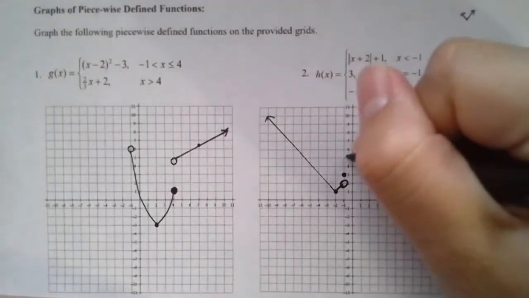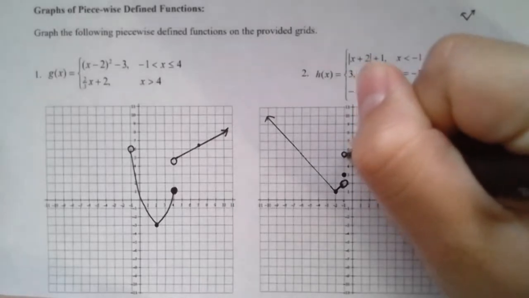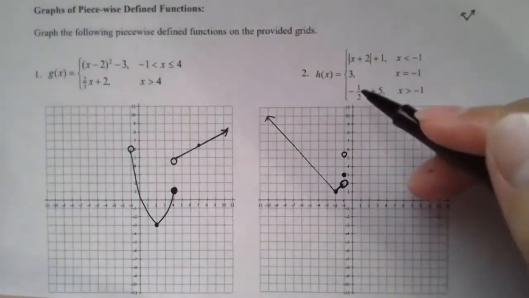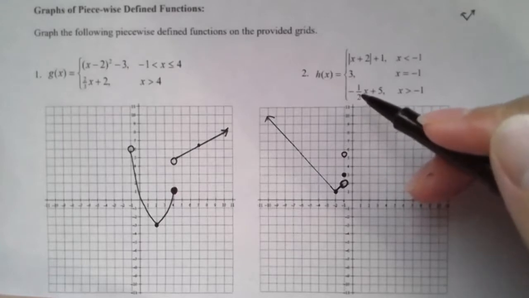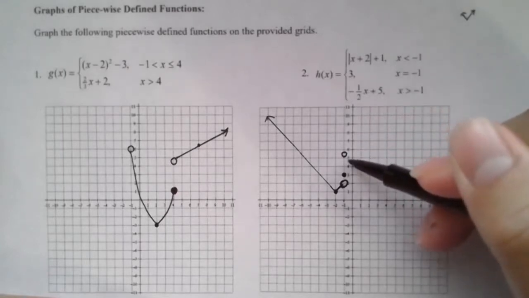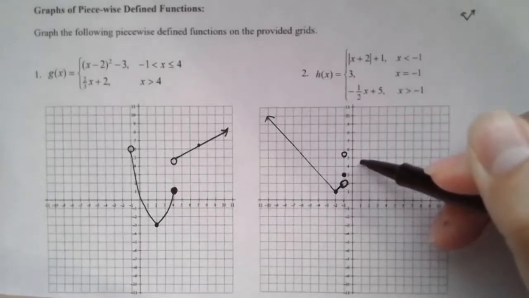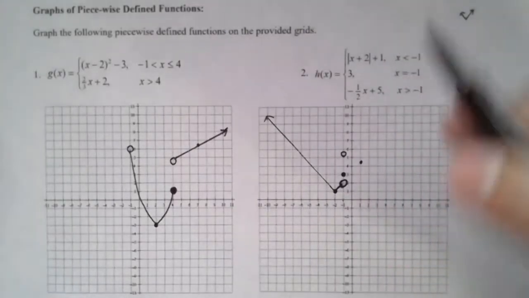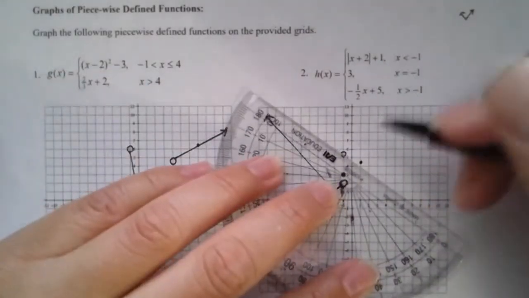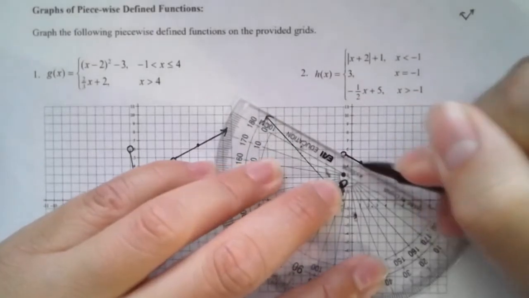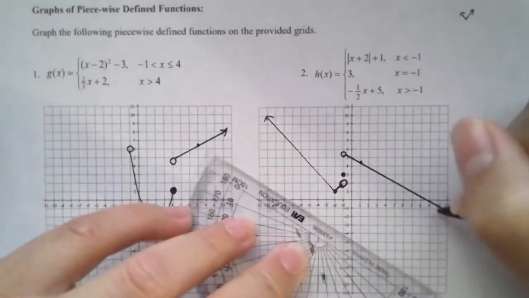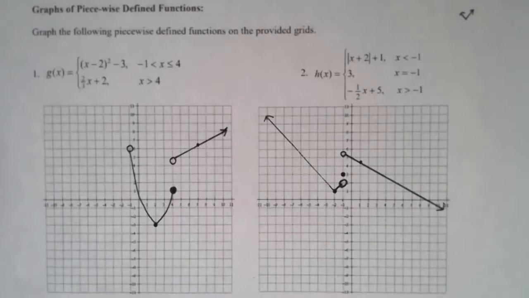So I am here. My slope is -1/2, so go down 1 to the right 2. Plot that point there, and that's all you need. That's it. There's your second piecewise.